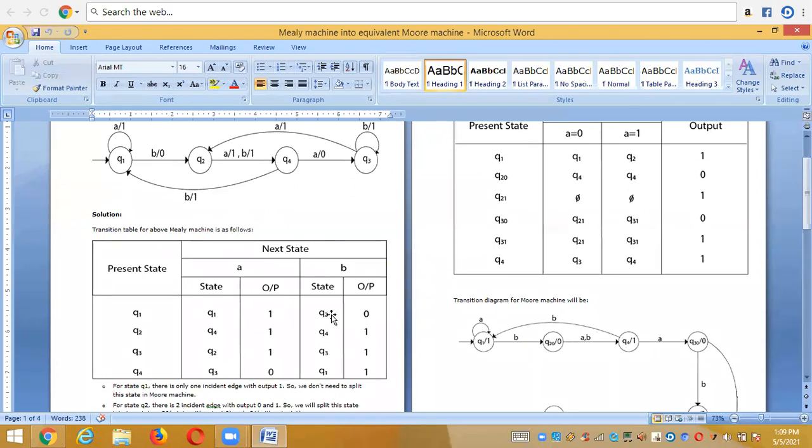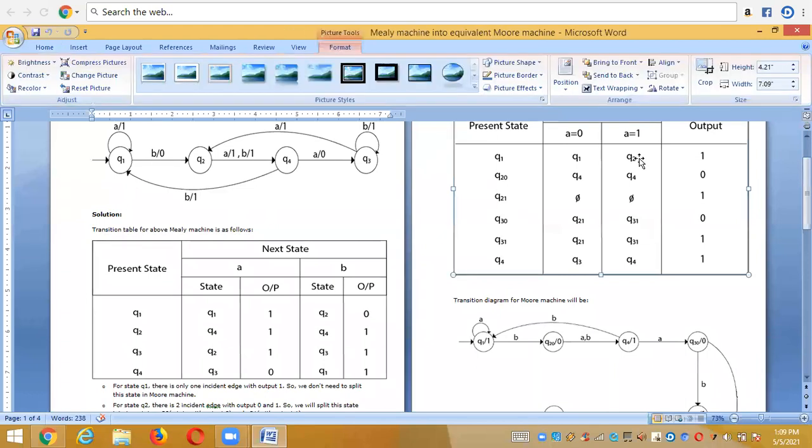And for that, here we need to take Q2 0 because the output of the Q2 is 0. And the output for Q1 is similar, with 1. So we are just writing 1, right?